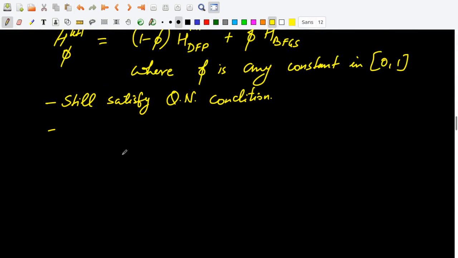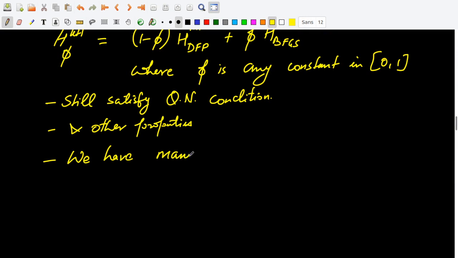So potentially we have many rank 2 update methods.